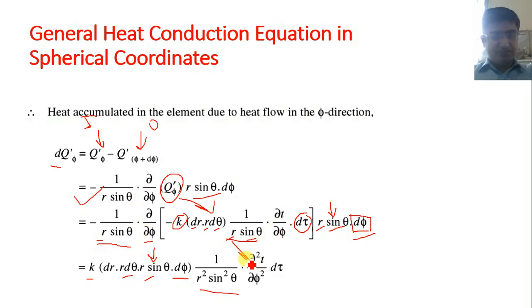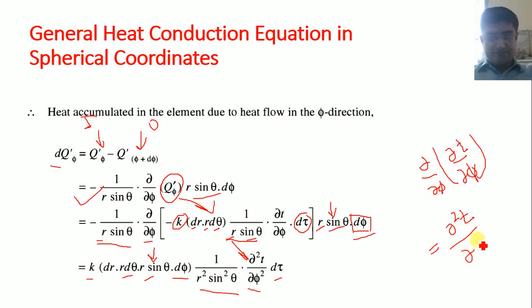Simply it becomes del square t by del phi square into d tau, because del phi of del t by del phi is equal to del square t upon del phi square, the second differentiation of t with respect to phi, d tau as it is. So here is the required equation for dq phi.